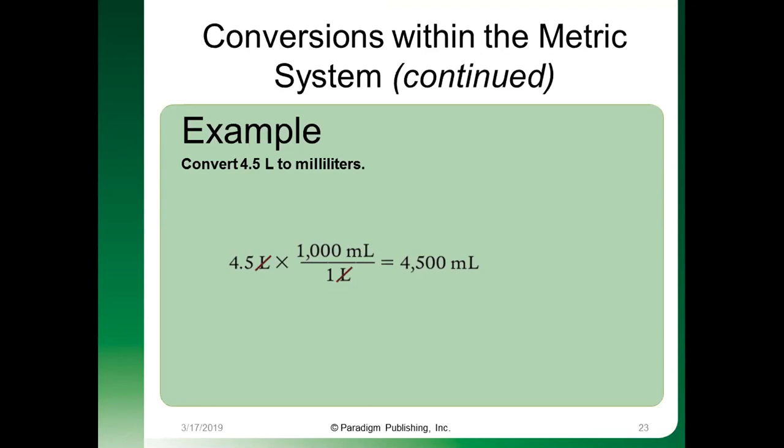They put 4.5 liters, because that's the unit that's known, times 1,000 milliliters over 1 liter. That way the liters cancel and you're left with the units that you want, which is milliliters. So 4.5 times 1,000 divided by 1 is equal to 4,500 milliliters.